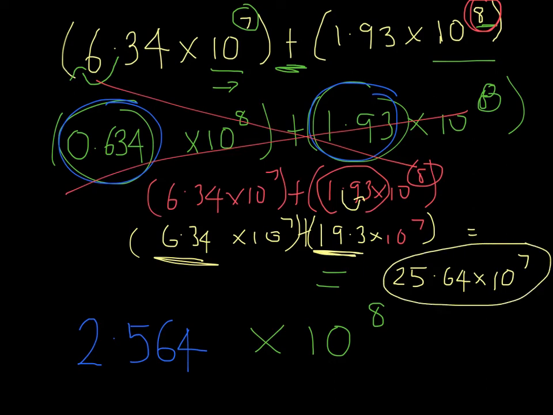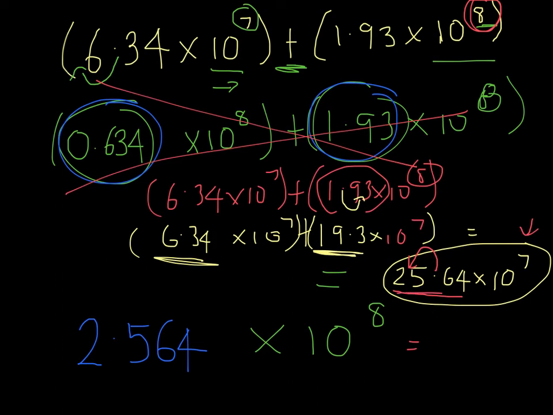You'll notice with this answer that it is not written properly in scientific notation because the coefficient is not between 1 and 9. So what do we need to do? We need to move the decimal point 1 back, meaning that we need to add 1 more on the power, which is going to be equal to our original answer.